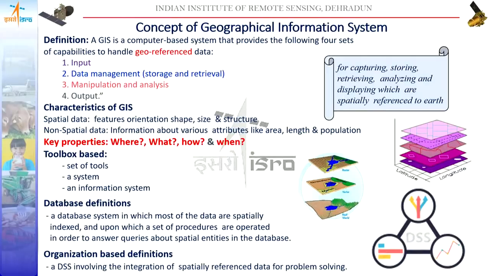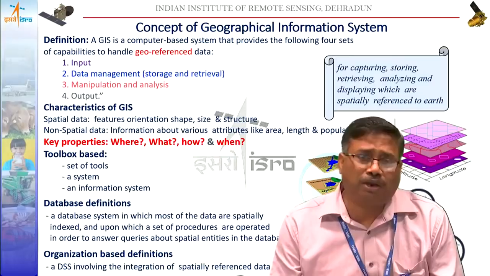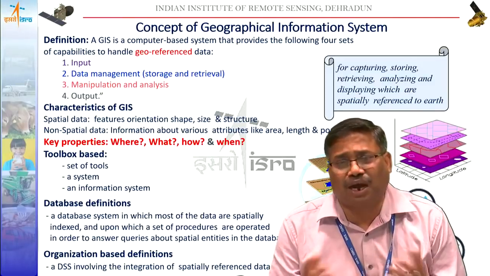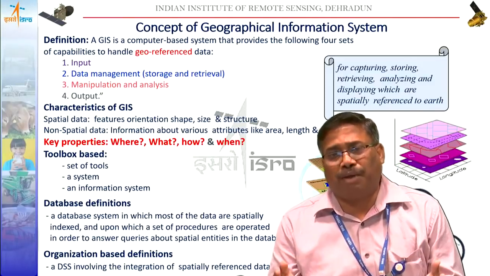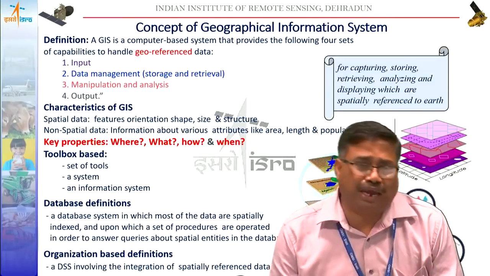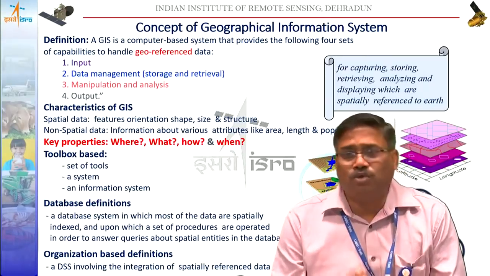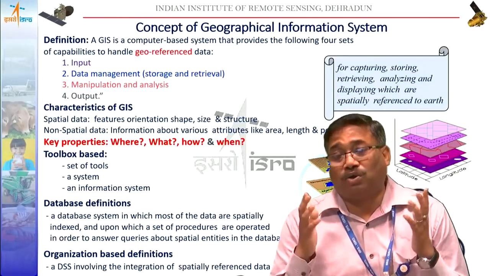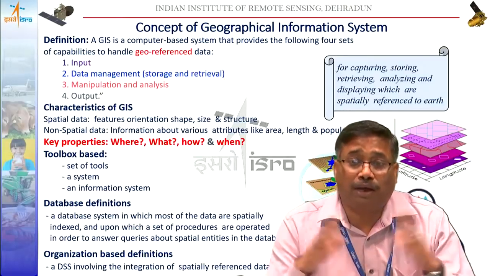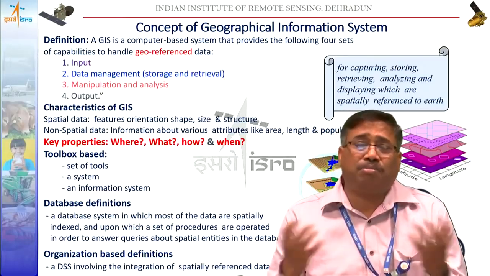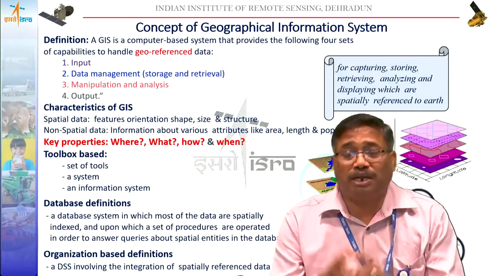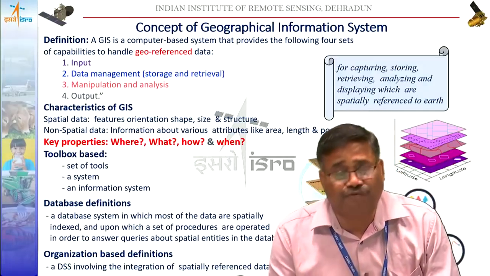All those data sets can be combined together, and ultimately it can provide you the desired information which you are looking for. It is not possible to create hard copy or paper maps that can only help you overlay two to three maps together. But here you have a capability to integrate n number of maps together, and ultimately it can provide you the information.